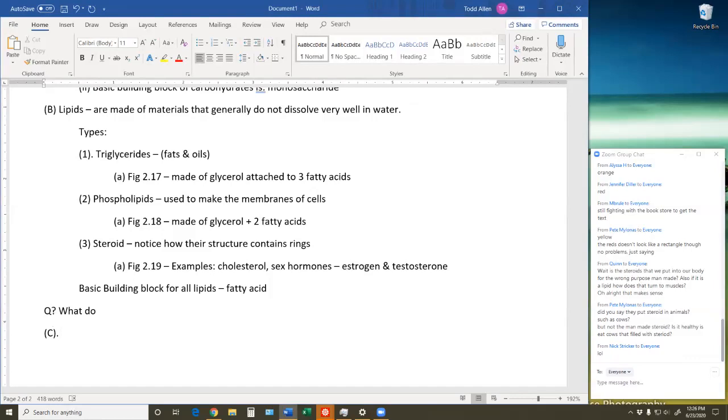So, third category of organic macromolecule: proteins. Proteins are made of the basic building block amino acids. Your book gives you an example of some basic amino acids on page 35 at the bottom, figure 2.20, figure 2.21.